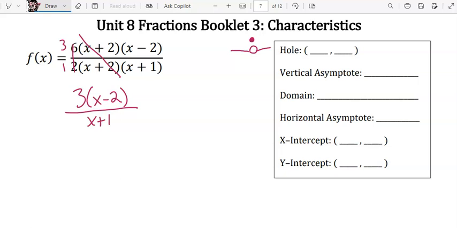To find the hole, we're going to set the thing that we canceled out equal to 0. So negative 2 would be the x part of the hole.